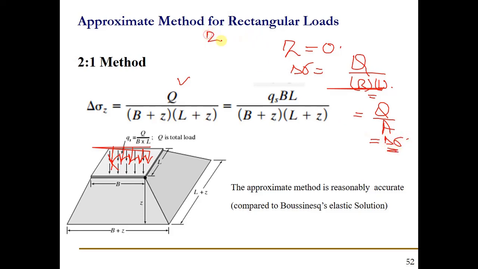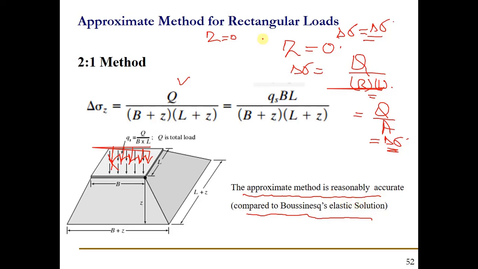So at Z is equal to 0, delta sigma is equal to Q by A. And as the depth is increased, this stress increase will decrease with the increase in the depth, and the approximate method is reasonably accurate compared to the continuum elastic solution.